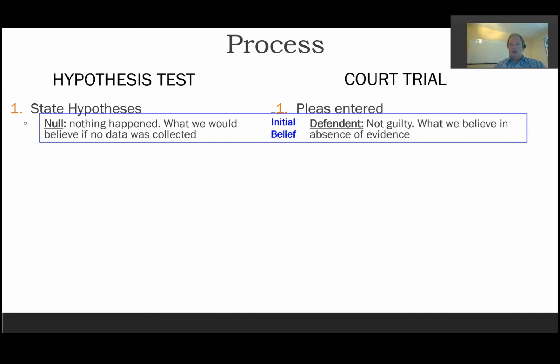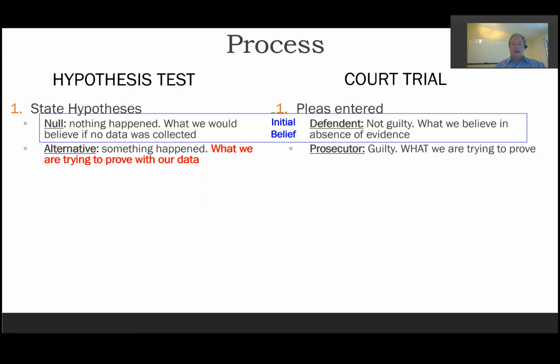We would initially assume it's 50% until we had evidence to the contrary, or things of that nature. Now the alternative. Again, the alternative says something happened. It's what we're trying to prove with our data. Okay. And of course, what we're trying to prove in a court trial is that the person's guilty. So the prosecutor takes the equivalent of the alternative hypothesis here.